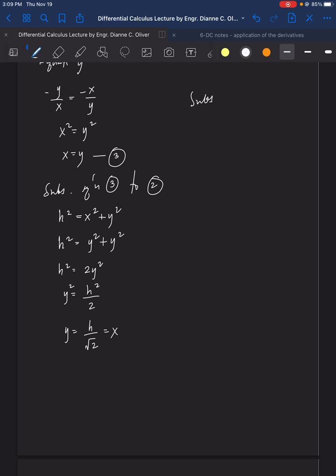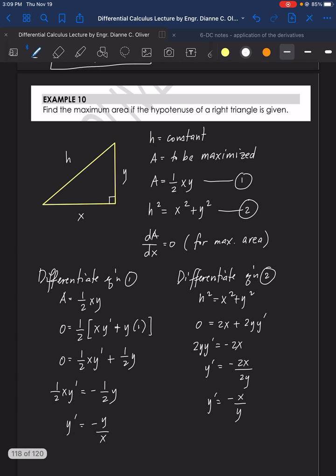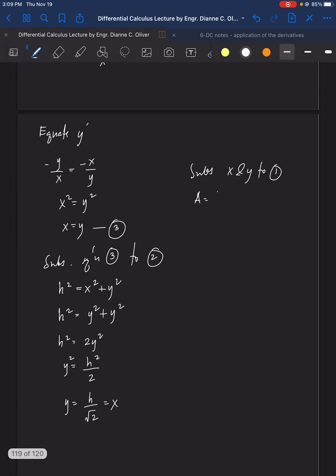Finally, substitute x and y to equation 1. A is equal to 1/2 xy. So this is h squared all over 2 times the square root of 2 squared.